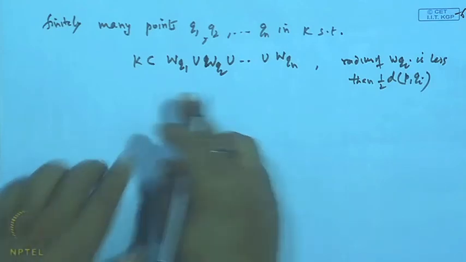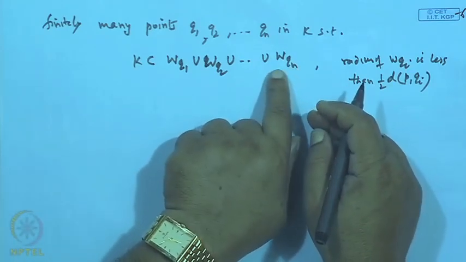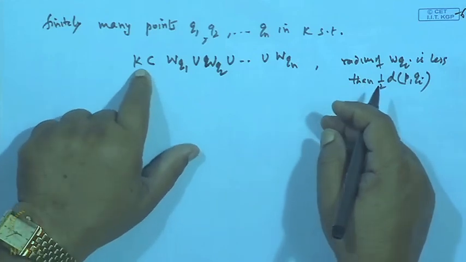Now, this finite number of neighborhoods will cover K, because K is compact.